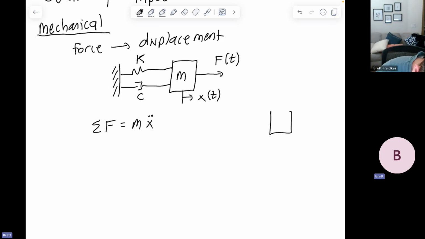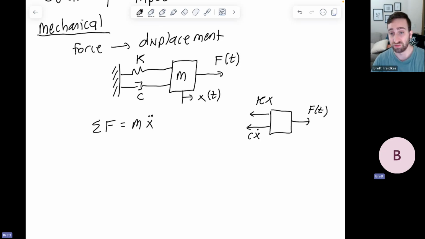And if you were to draw the forces that are on this mass, you have f of t going to the right. And then if this mass moves to the right, you're going to have the spring force trying to resist it, and the damping force also trying to resist it, where the damping force is dependent on velocity, not on position like the spring is.